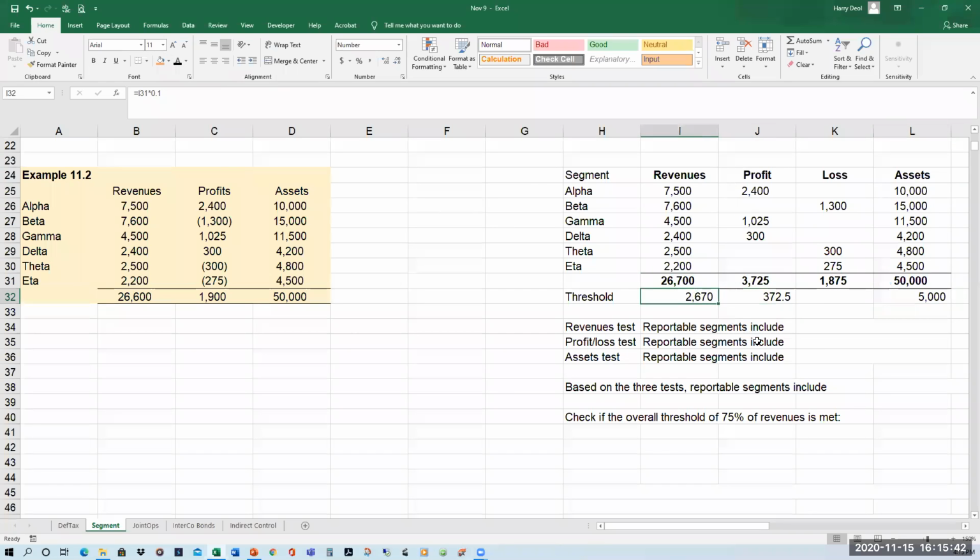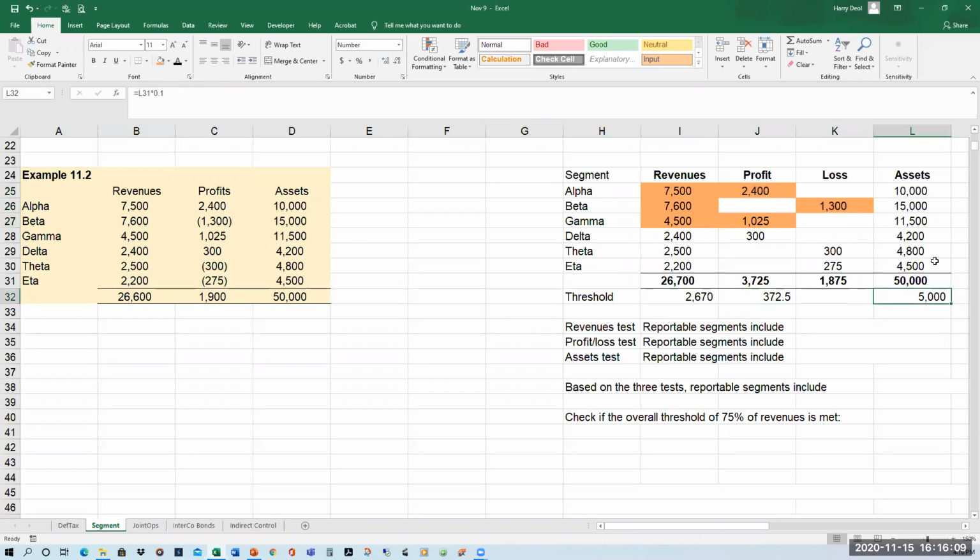So if we were to apply the revenues test here, 2670 is what we are looking for. So we get alpha, beta, and gamma meeting the revenues test. Applying the profits test, the profit or loss, greater of the two, 10% of the greater of the two, 372.5, again, we get alpha, beta, and gamma.